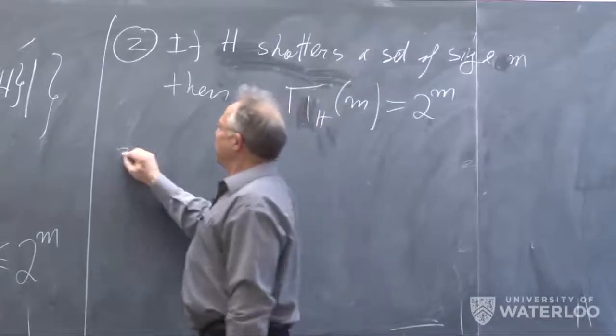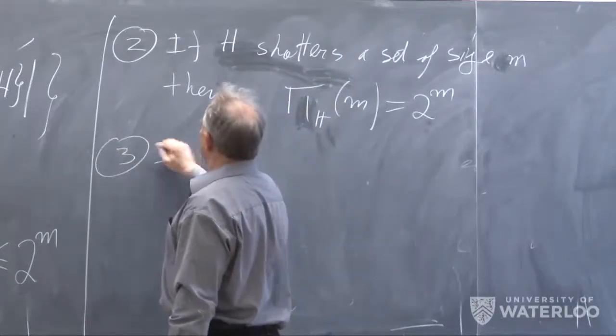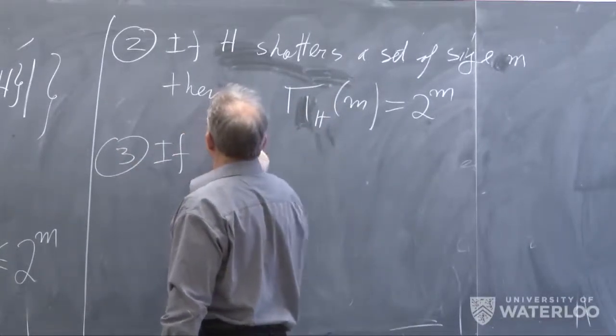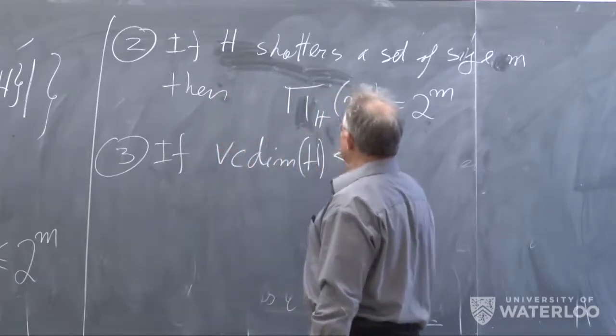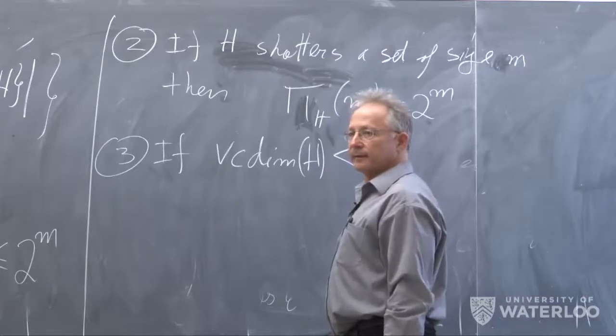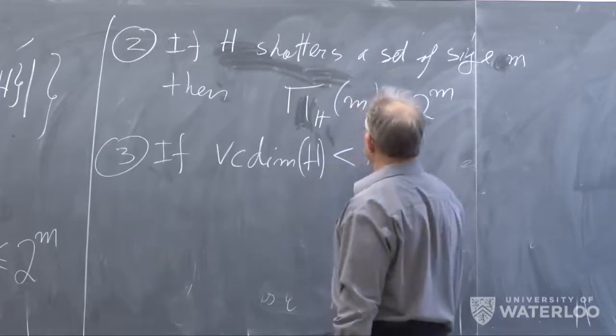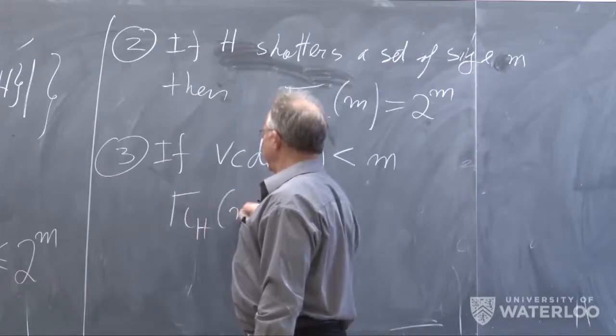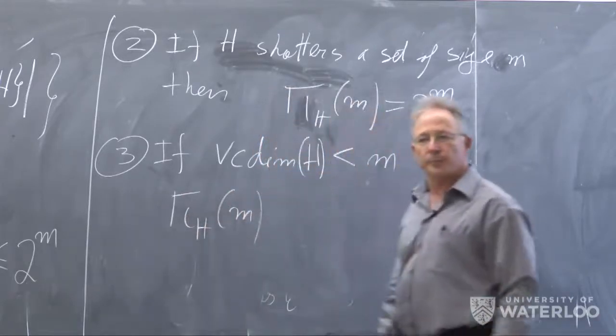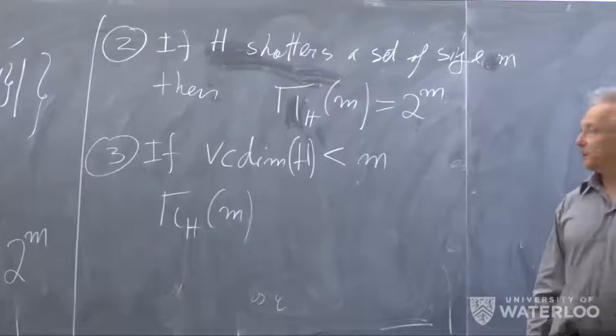And what happens if the VC dimension of H is less than m? Then what do I know about pi H of m? Right.